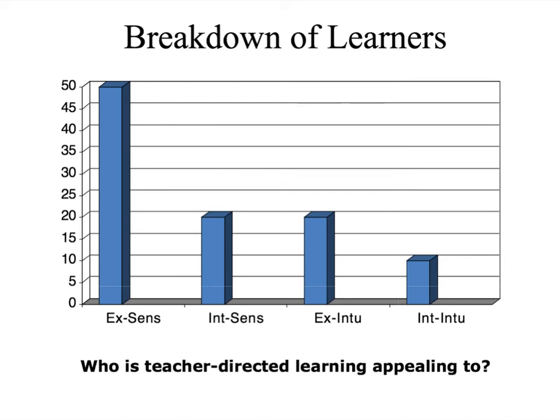I've heard many of you say from your field experiences that you still see a tremendous amount of teacher-directed instruction going on. That classic passive learning situation where the teacher's doing all the talking and the students are sitting passively listening. And I think it's important for us to remember that while there's definitely a place for that, when we're teaching in that mode, we are really appealing mostly to the introvert intuitive student, which, as this graph shows, really is a very small percentage of our students.